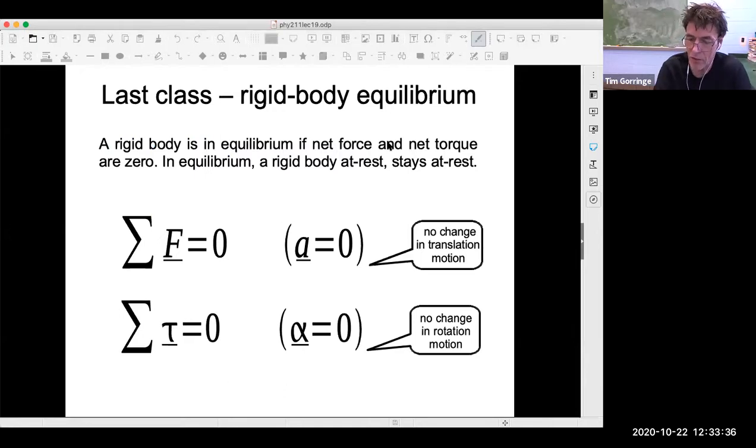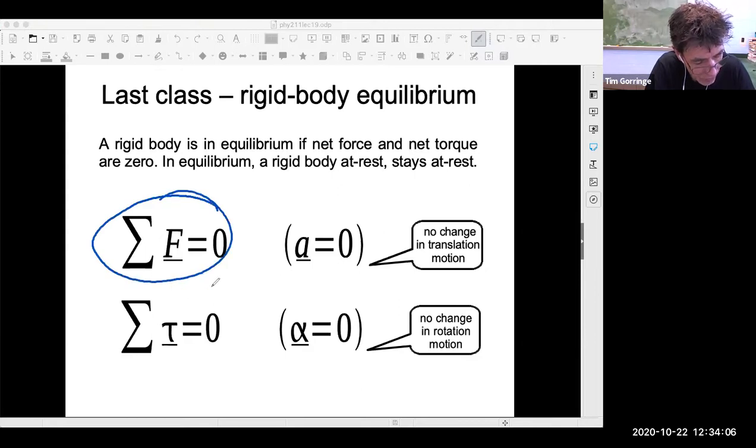Okay, so as a reminder, when we talked about rigid body equilibrium in Tuesday's class, the meaning of rigid body equilibrium was that a rigid body is in equilibrium if the sum of the forces acting on it add up to zero, so there's no net force, and the sum of the torques acting on it add up to zero, and so there's no net torque.